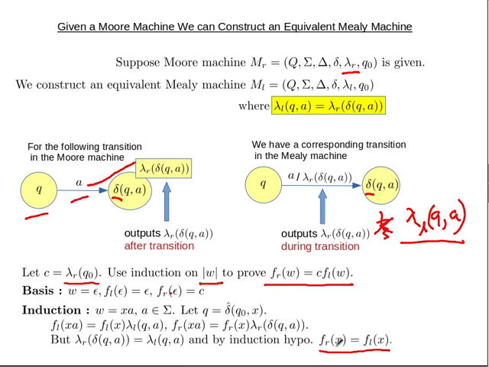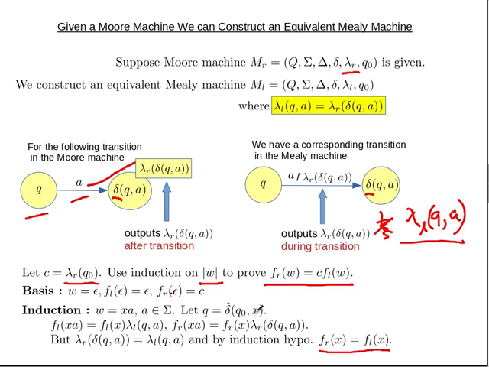Then the output of the Moore machine on X A gives you all the output while processing X. Say after doing this, you reach state Q. This delta is the same for both machines, right?